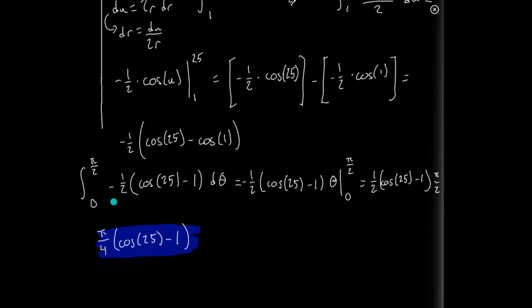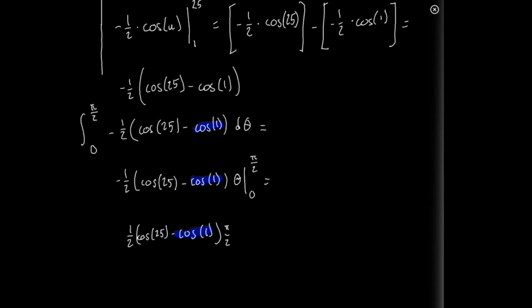Now let's rewrite the rest of this with all that in mind, because this is cosine 1, this is cosine 1, and this is cosine 1. Okay, there's that fixed. The last mistake that I made is I left out the negative on this 1/2 right here.